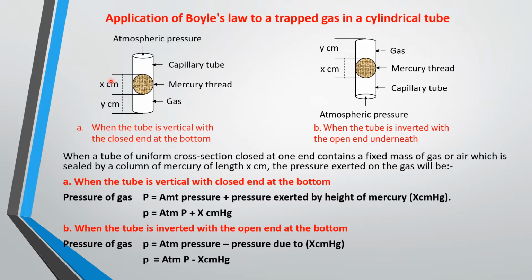So this is the column of mercury, and then there's a gas here. This is a uniform capillary tube. This is the length of the mercury, and this length of the gas also represents the volume of the gas that is trapped at this point.